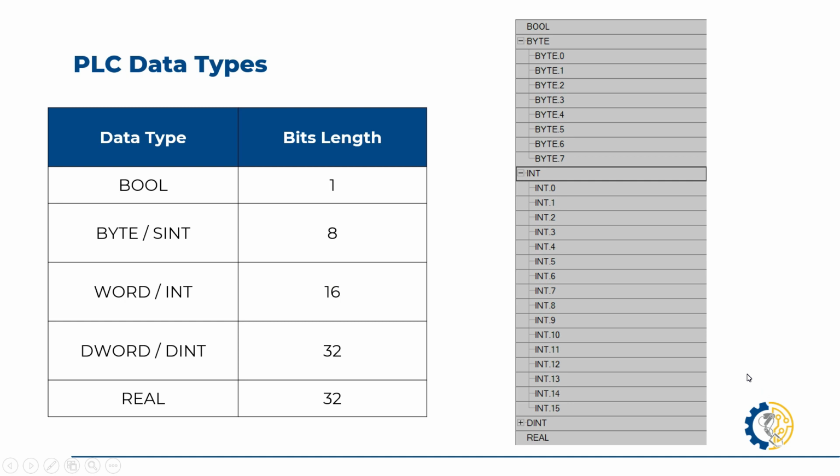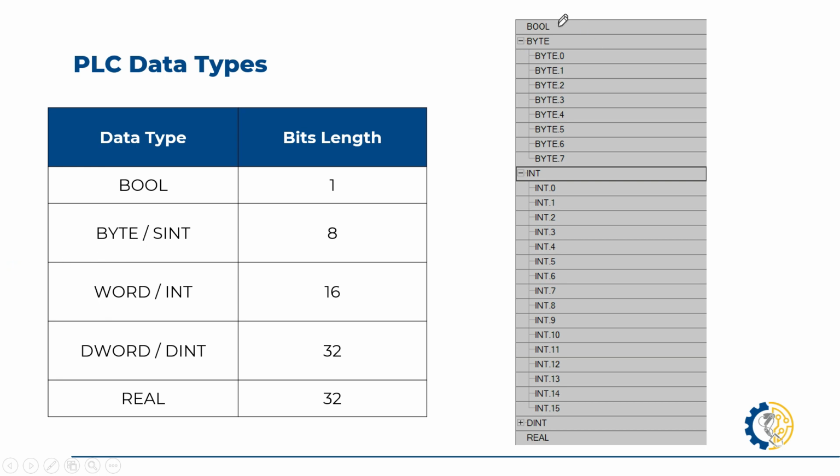Now, this is the more technical part, which is simple also. What we had previously said, a Boolean data type has a 1 bit length. Now, what is a bit?